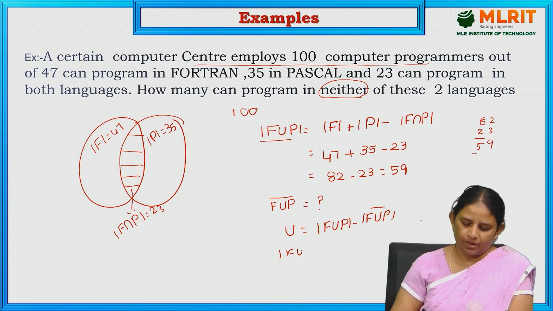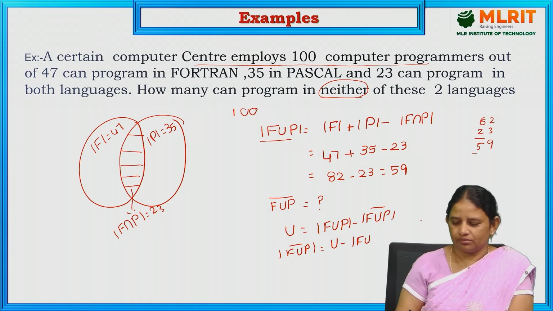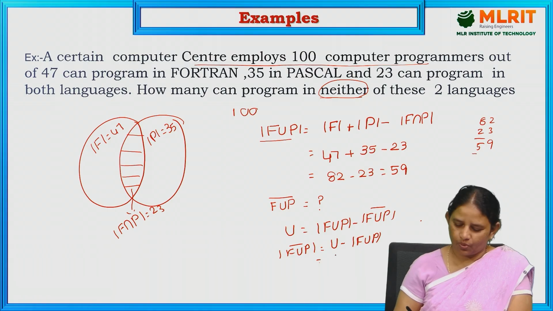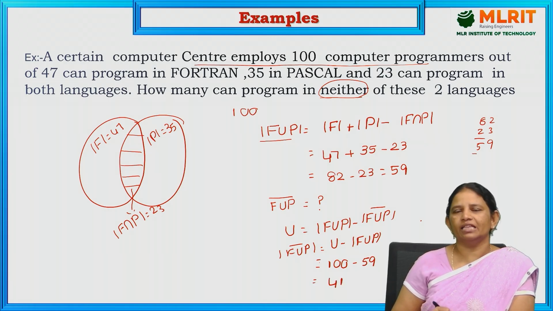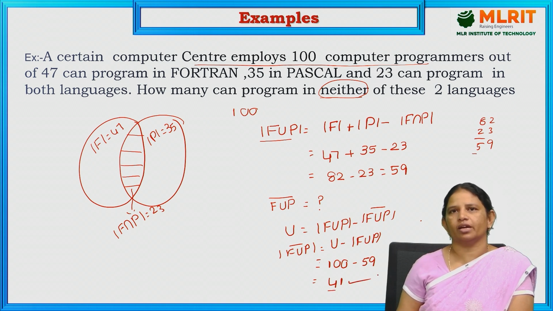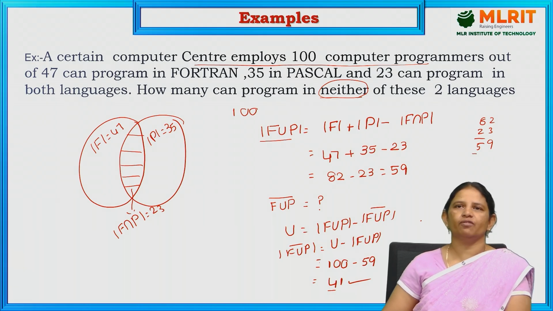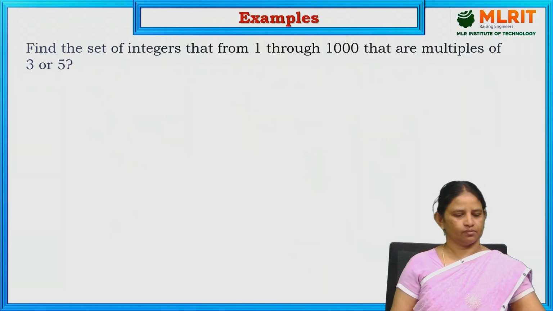F union P bar is equal to U minus F union P. The universal set contains the total number of computer programmers, that is 100 minus 59, that is 41. So 41 can program neither of these two languages, either Fortran or Pascal.